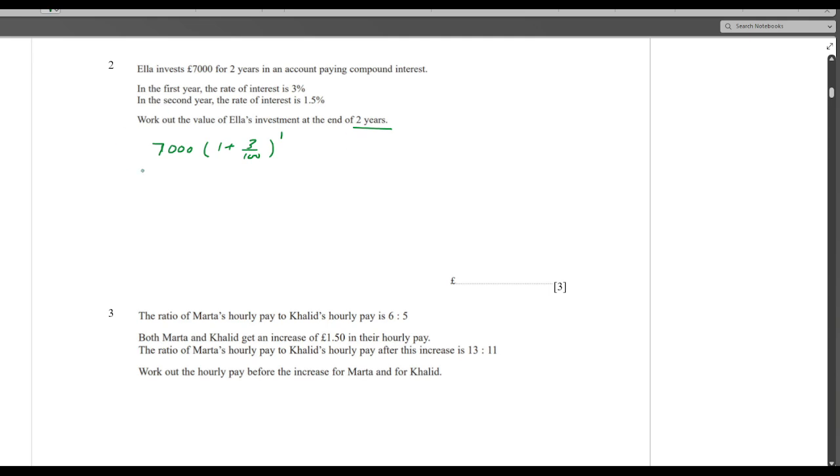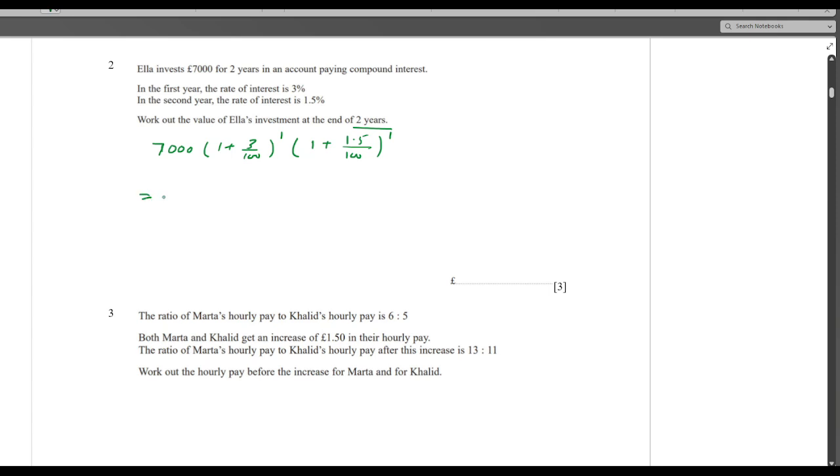Now this will be the amount at the end of 1 year, and I will again use the compound interest formula.